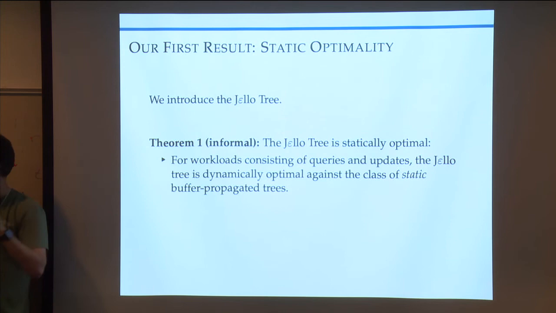And rebuilding means switching to a different static buffer propagated tree? No, local. You locally rebuild a node. It's not static, it's dynamic. Right, we're dynamic. So are you ultimately finding the best static buffer propagated tree, or not necessarily? Not necessarily, because we could be much better than the best static.